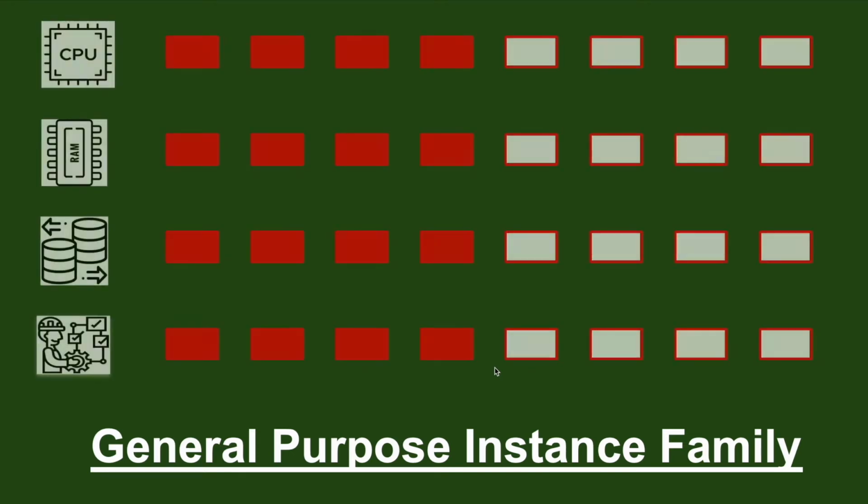Let's take the case where your application requires an equal amount of CPU, RAM, speed and storage. If it is equally distributed, then the general purpose instance family is the one you should choose.